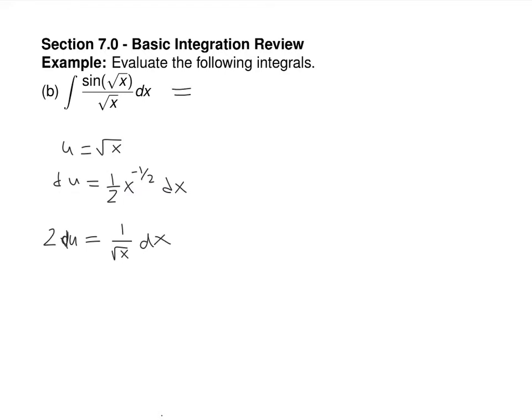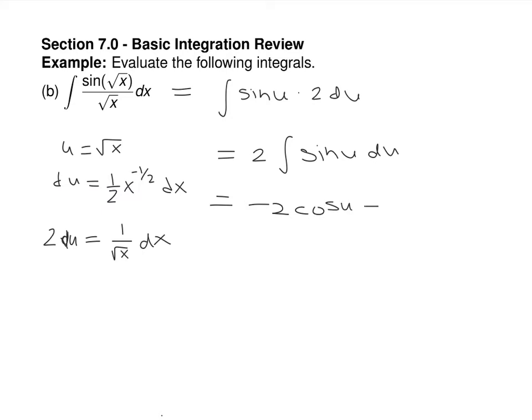And this becomes the integral of sine u times 2 du. It's so simple. 2 times the integral of sine of u, and the antiderivative of sine of u is negative cosine u. So that's negative 2 cosine of root x plus c.